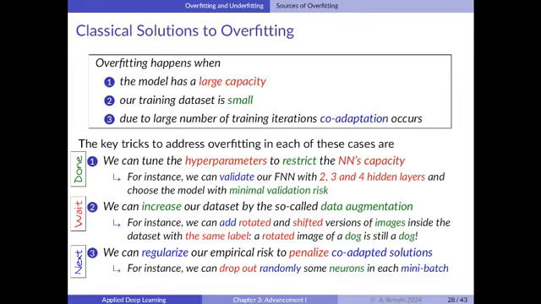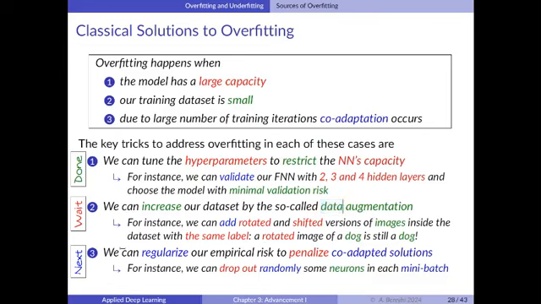The second approach is to increase the dataset by data augmentation. For example, we can rotate, shift, or blur images, or if it is NLP, apply other augmentations for text. By doing this we can mitigate the smallness of the training dataset.